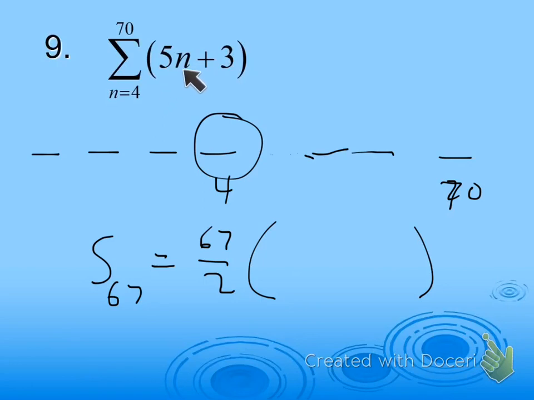What's 5 times 4, plus 3? That's 23. Plus, plug in the 70th term. Let's see, 70 times 5 is what? 350. Plus 3, 353. You guys crunch it real quick without using sigma.